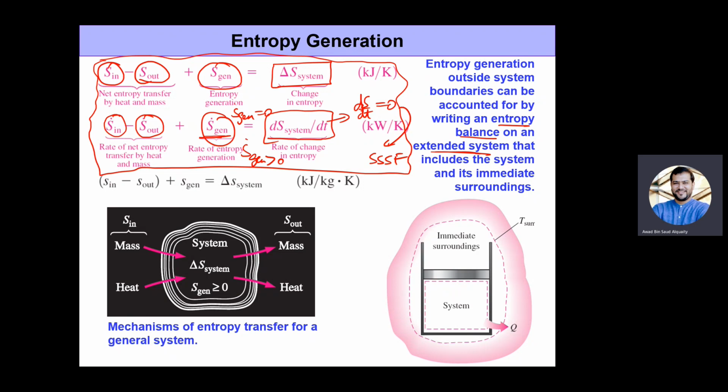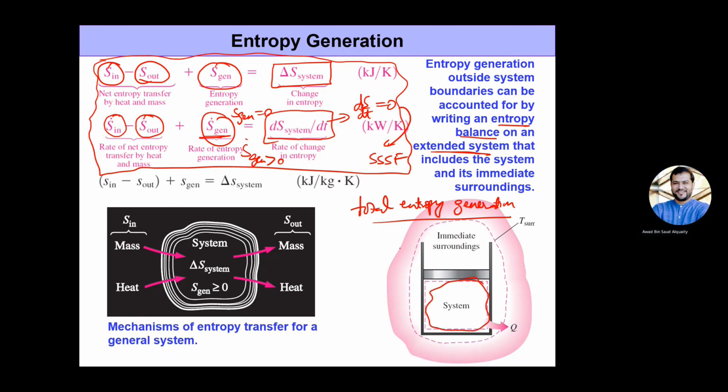For example, like we did in the previous examples, where we were asked to determine the total change in entropy or total entropy generation, right? So we do that in such cases. Otherwise, we are just interested in applying entropy balance on a given system, be it closed or open, and then solving for it.